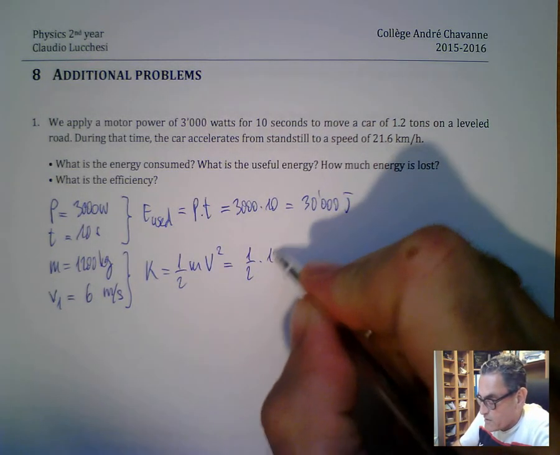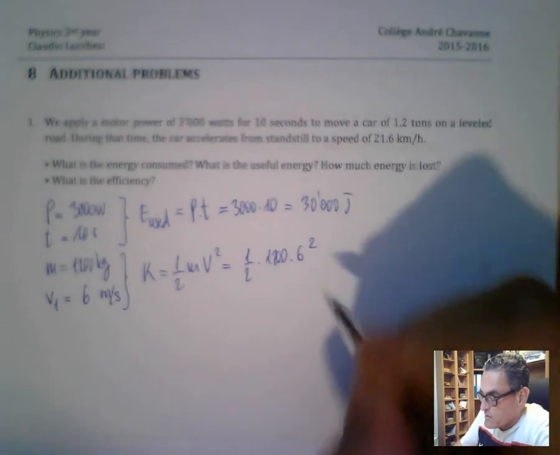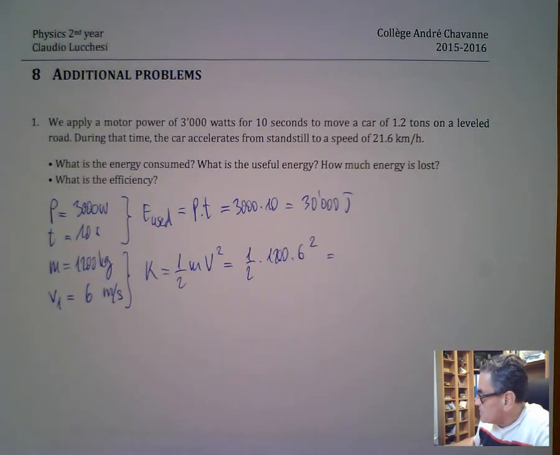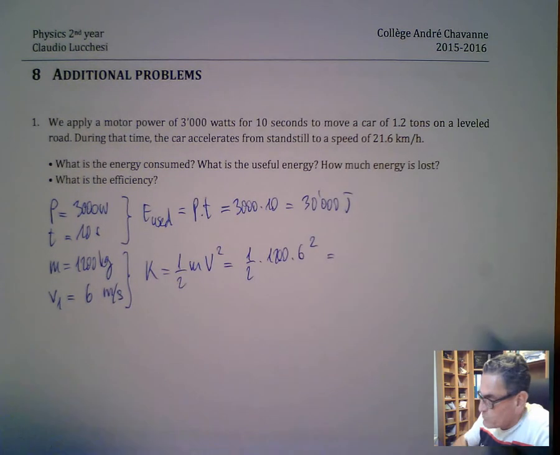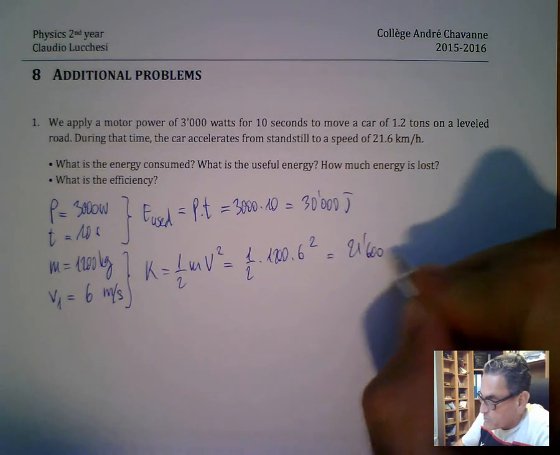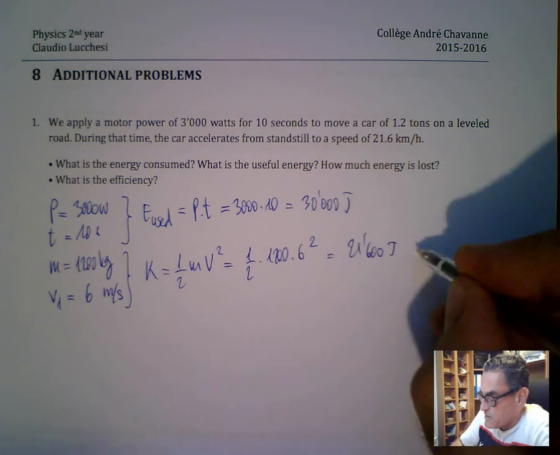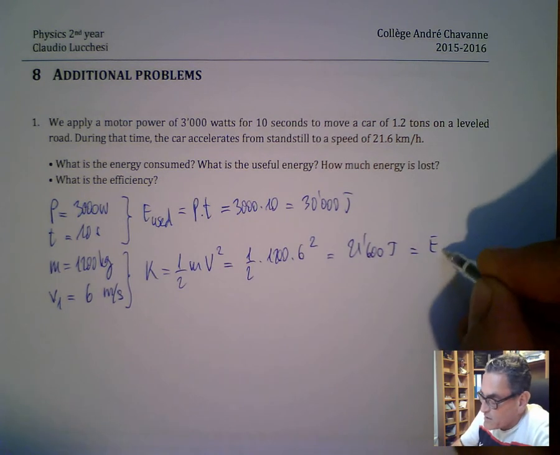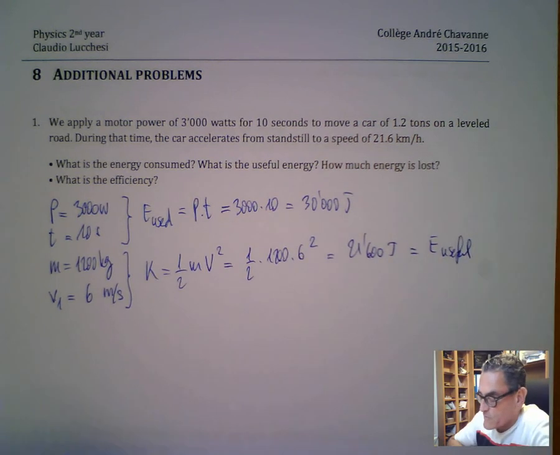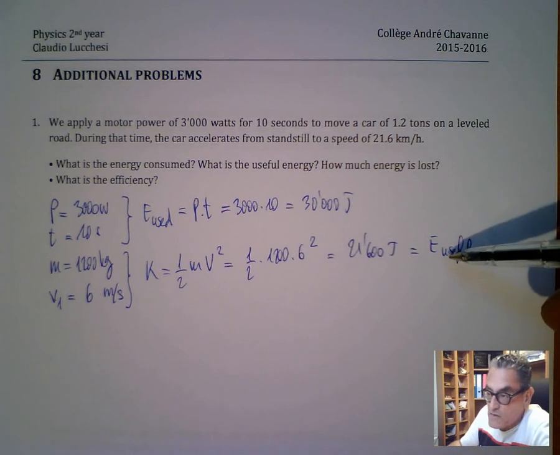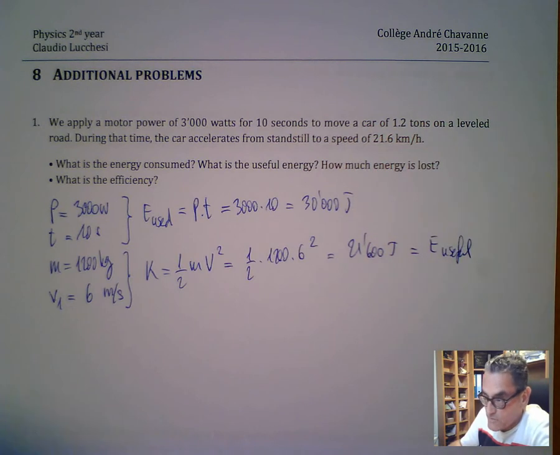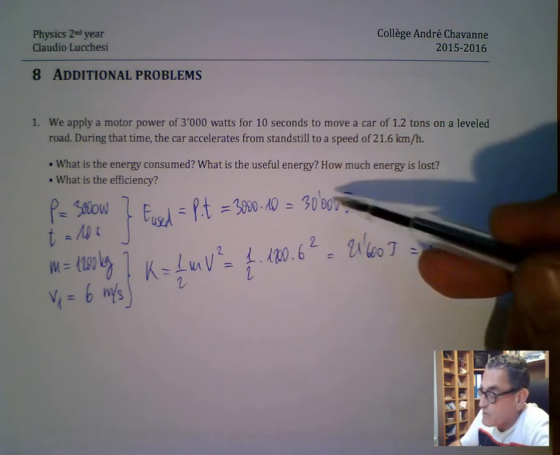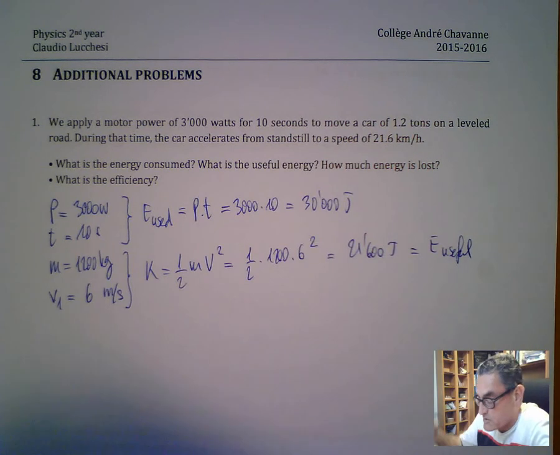So it's 1/2 times 1200 times 6 squared, so this is 600 times 6 times 6, which gives us 21,600 joules. This is the energy which is useful. You see, of course, that the useful energy, the energy connected to the motion of the system, is smaller than the energy which has been given to the car. So there are losses due to internal friction, etc.